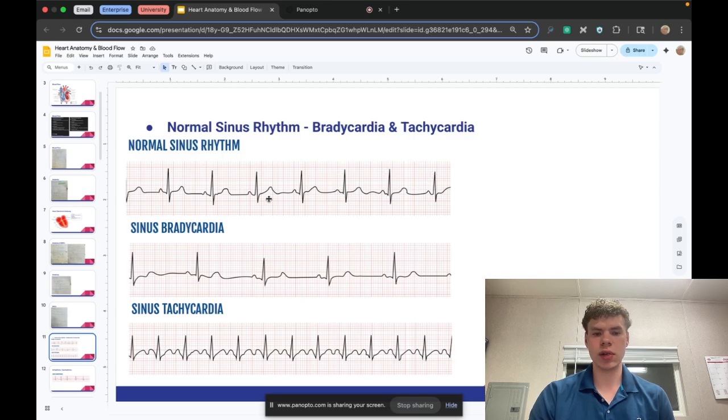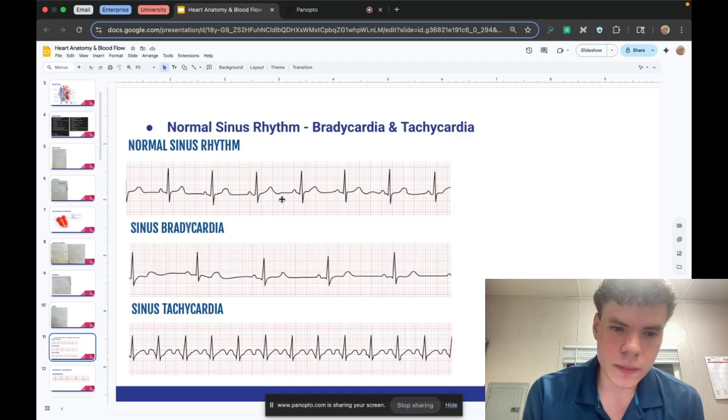And if you count from this one, it looks like there's about one, two, three, about four boxes. To get the heart rate, just take the number 300 and divide by the number of big boxes between each one, right? That's how they taught me to do it in school.